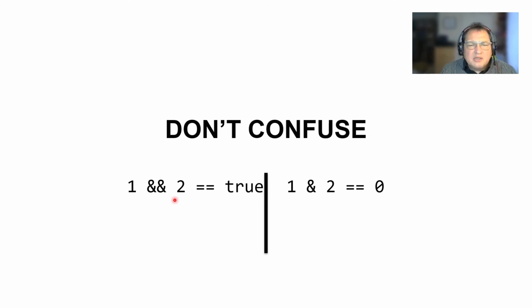But bitwise, 1 and 2, I propose even to write it down as binary representations, 1 and 2 is 0. Okay, 1 and 2 bitwise is 0. So these two operations, very similar in terms of C++ notation, produce different results.